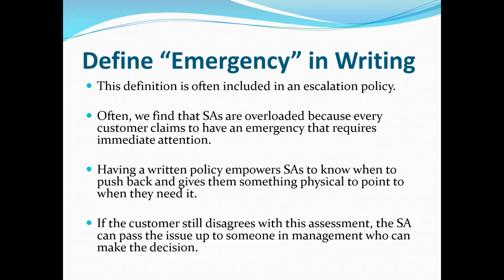Define what an emergency is in writing, because, and this is very true, everything is an emergency, regardless of who it is. For that specific person, when they can't get something done, we're all like this, right? If I want to print something and the printer's not working, I get really frustrated because I just want to be done with that and move on to something else.